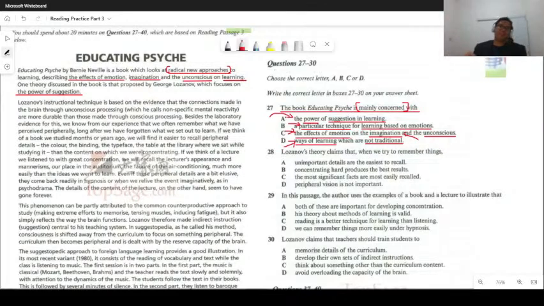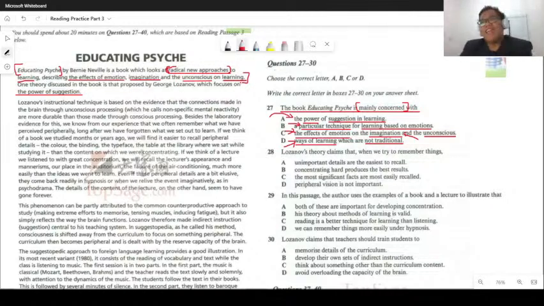So, for example, here, this is talking about education psych by Bernie Vivell, which looks at radical new approaches to learning, describing the effects of emotion, imagination, and the unconscious on learning.